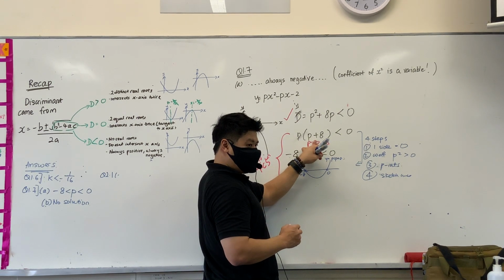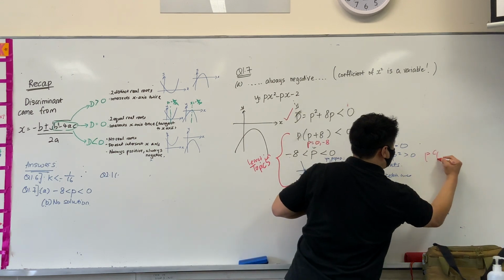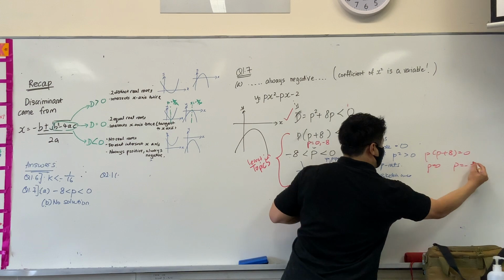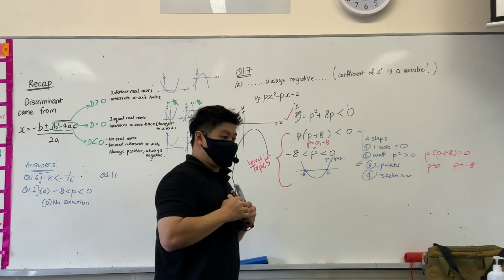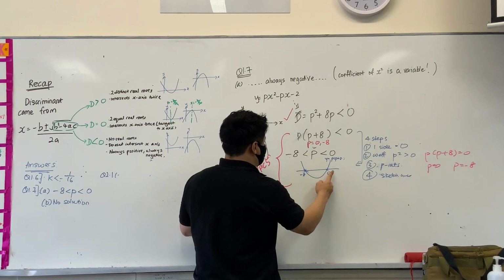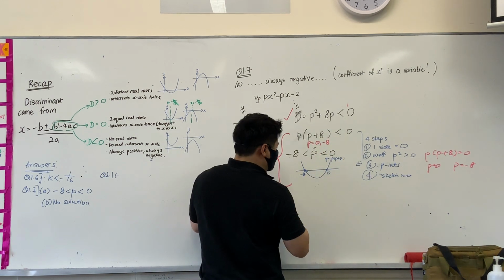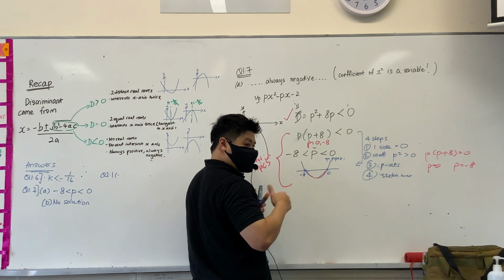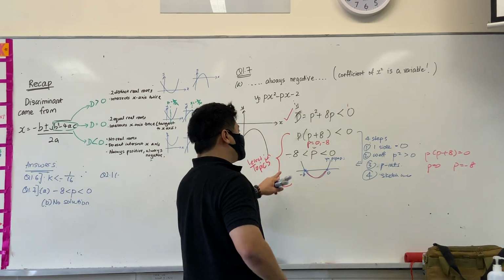So p bracket p plus 8 equals to 0, p equals to 0, p equals to minus 8. Because of this, I sketch out my curve. Less than 0, so I want this part. Good, so that's the answer.